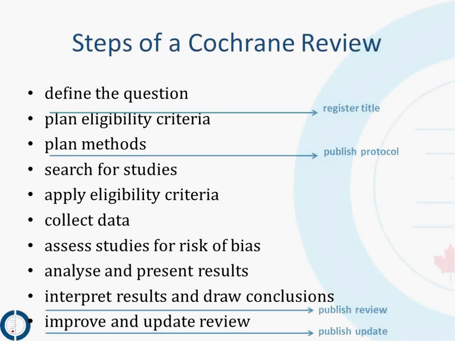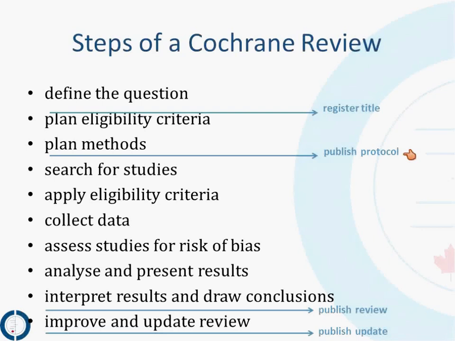For a Cochrane review, we translate these principles into steps. We start by formulating the question and by registering the proposed review title with the relevant Cochrane review group so we can keep track of which reviews are in progress. Then we plan our eligibility criteria and methods in advance, and then these are published as a protocol in the Cochrane Library.